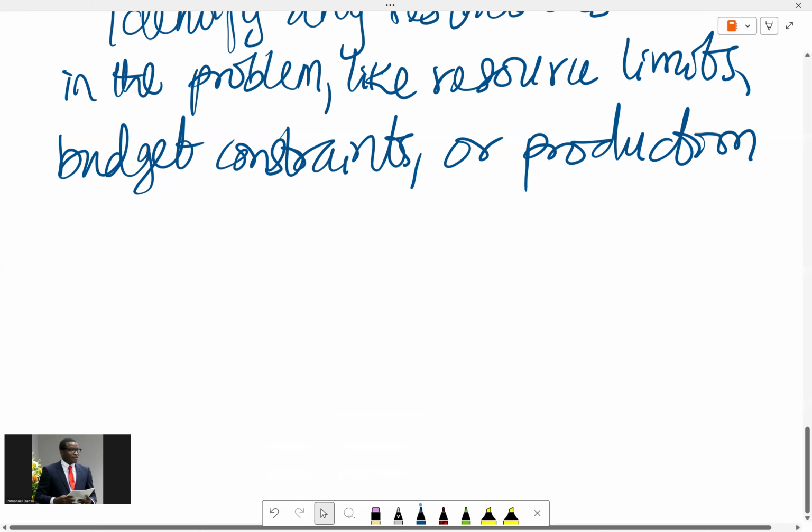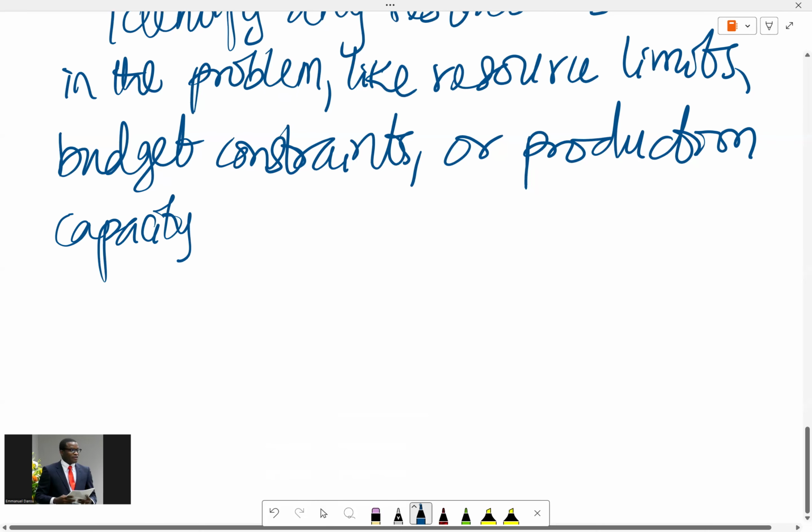You can have all the raw materials you need, but you may not have the capacity to produce as much as you would like to.